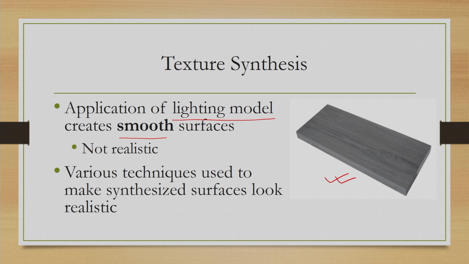Now, these patterns cannot be obtained by applying the lighting model as we have discussed earlier. When I say lighting model, I also mean the shading models as well, because shading models are essentially based on the lighting model. So, the lighting or shading models that we have discussed earlier cannot give us the various patterns and other features that typically appear in reality on the surfaces.